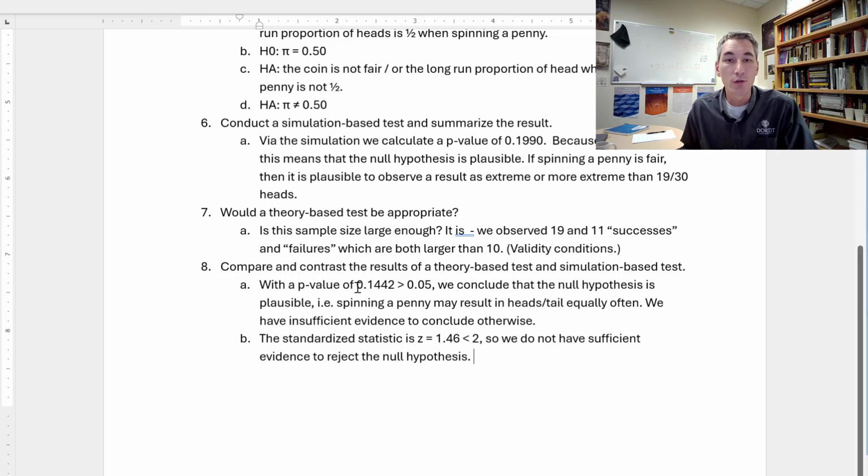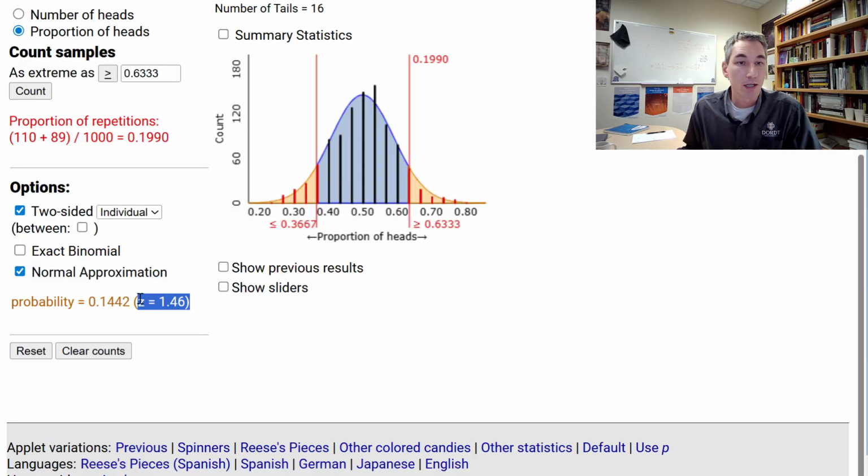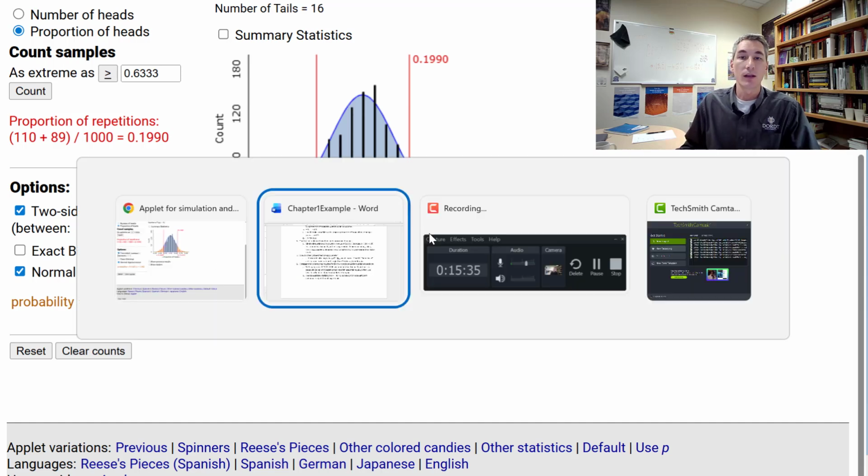So again, you can use a p-value and use a cutoff score of 0.05 for strong evidence, 0.01 for very strong, or you can use the z-score of 1.46, which is less than 2, the cutoff, or 3, the cutoff for very strong evidence. And that, of course, comes right here when you click normal approximation. It gives you the z statistic, where basically 1.4 standard deviations to the right of the center of the null distribution, which is not in the tail, right? We're kind of on the edge of the tail, but we're not really in the tail. Over here would be in the tail.